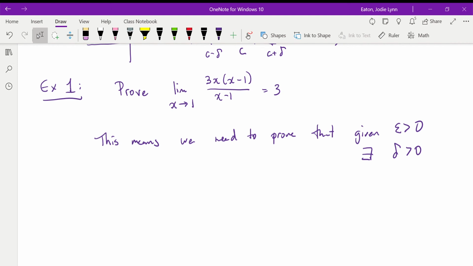So what we're going to start with is the absolute value of 3x times x minus 1 over x minus 1 minus 3.